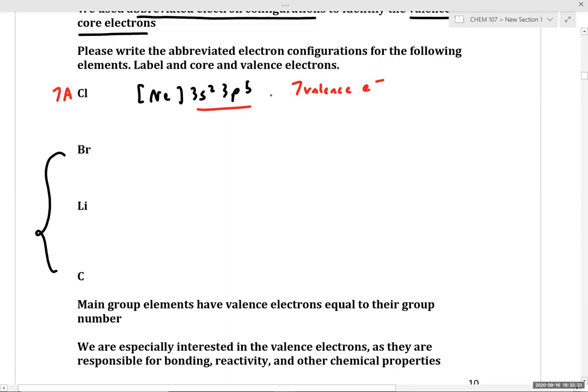And don't be shy to submit your proposed abbreviated electron configurations in the chat, and to provide your valence electron counts in the chat. And we'll discuss in about another 2 to 3 minutes. Let's try to get a reasonable pool of responses before we discuss this next set of examples.